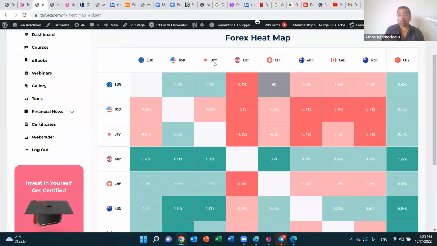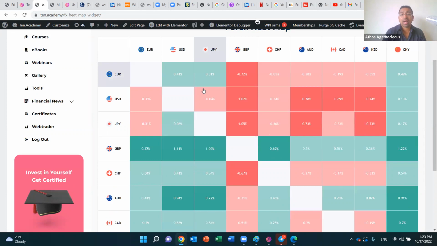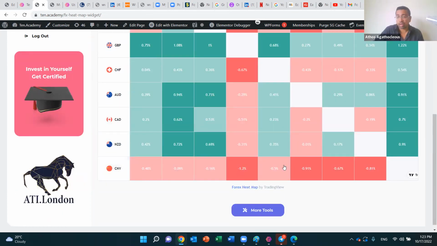Okay, so we will always want to start off with currencies on the left, but by looking across horizontally, highlighted in red, for example. So the Chinese yuan is generically highlighted, and the highlighted one has the highest number at negative 1.2% right here.